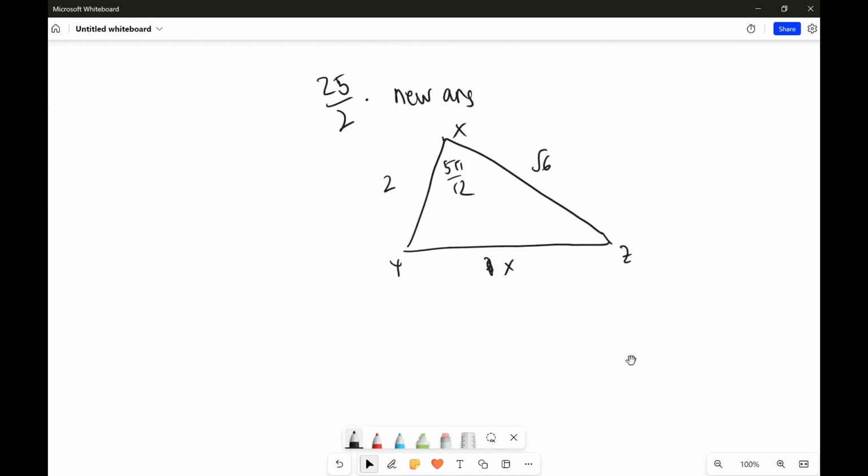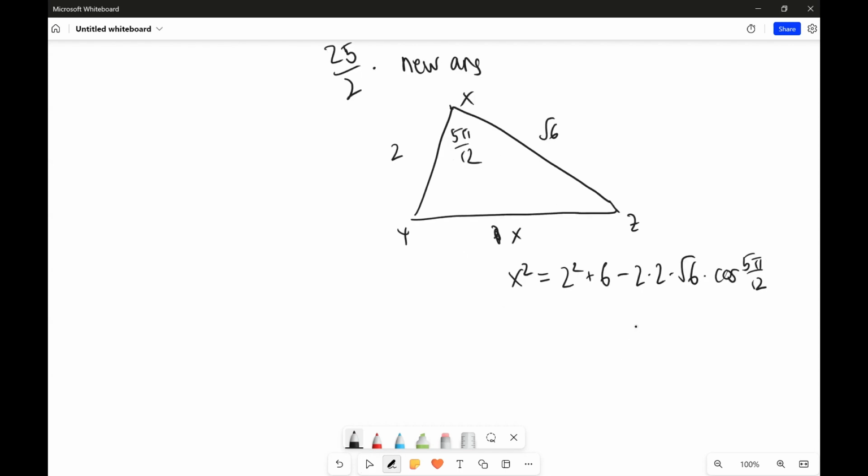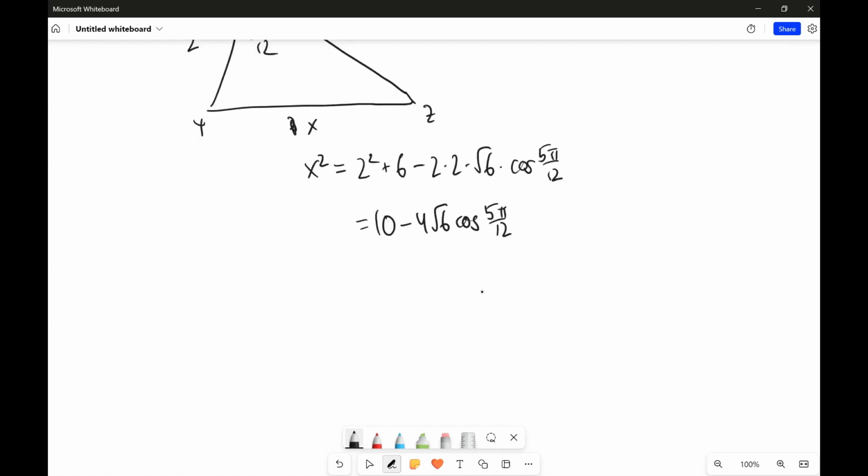And then x squared by the law of cosines is 2 squared plus root 6 squared, which is just 6, minus 2 times 2 times root 6 times the cosine of 5 pi over 12. And then evaluating things, we get 10 minus 4 root 6 cosine of 5 pi over 12. But what is the cosine of 5 pi over 12?